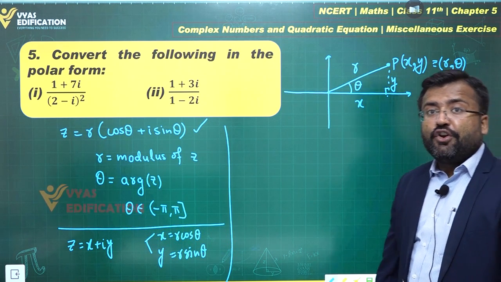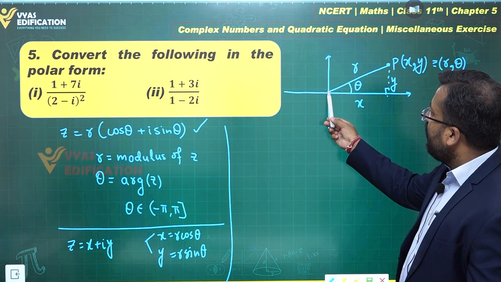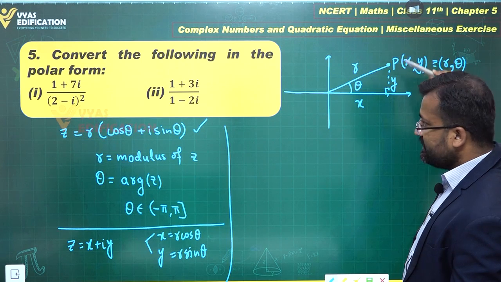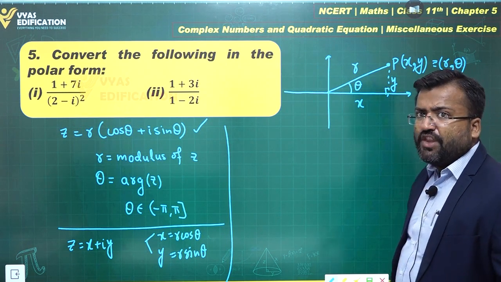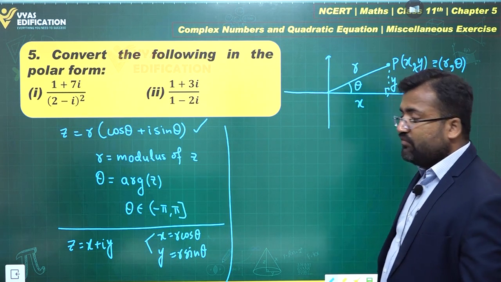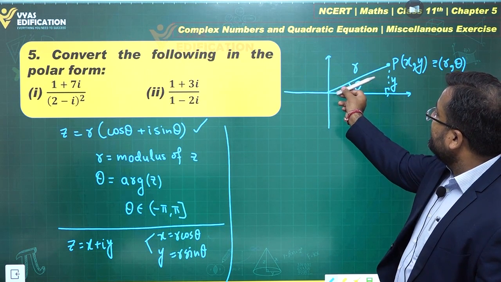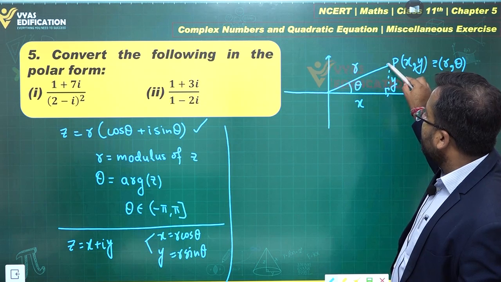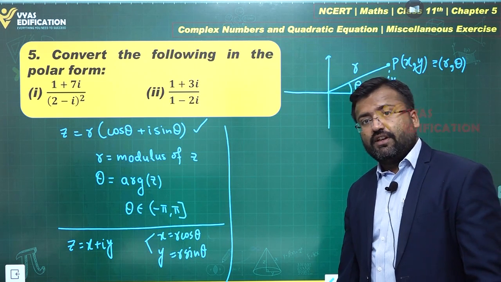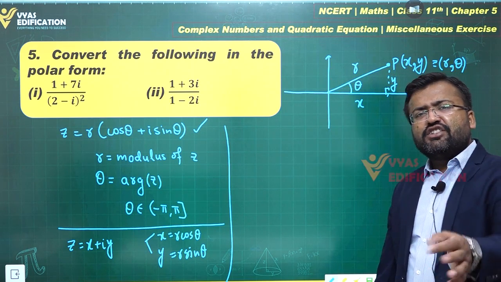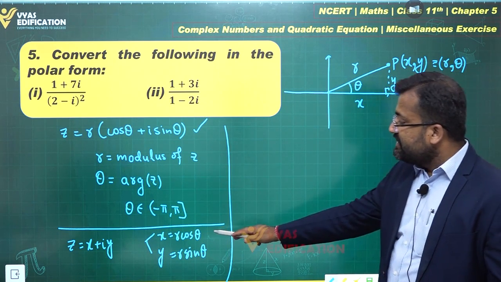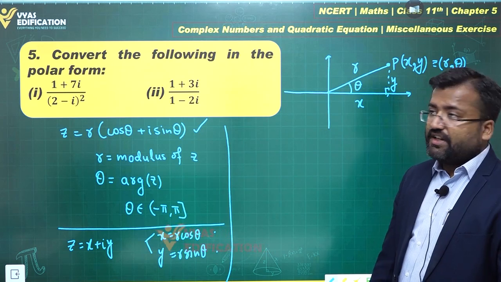So for reaching point P, you can move along the real axis a distance x and along the imaginary axis a distance y, and you will reach P. Or you could move in another direction at an angle theta with the positive axis, and move a distance r along that ray. In both cases, you will reach the point P. And the relation between these is this simple relation.